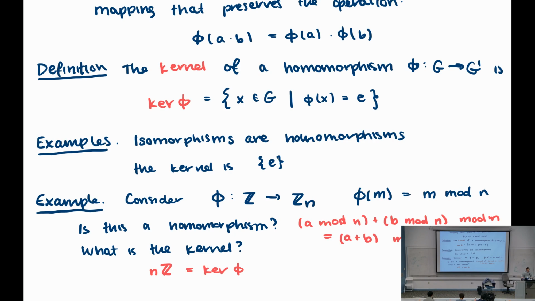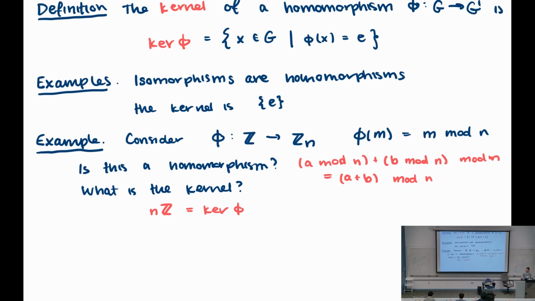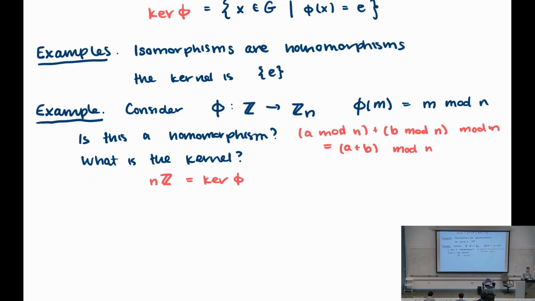Okay, so I'm going to give you a list of properties about homomorphisms, and some of these will be familiar from the properties about isomorphisms. So this is a theorem, and this is a list of properties about how elements in groups behave under homomorphisms, and then we'll get another theorem about how subgroups behave under homomorphisms.